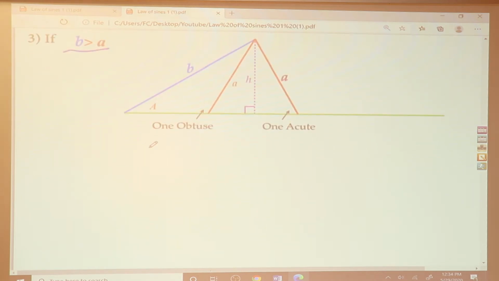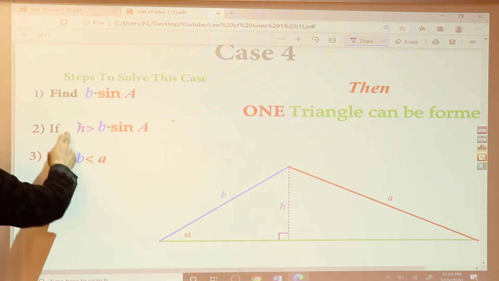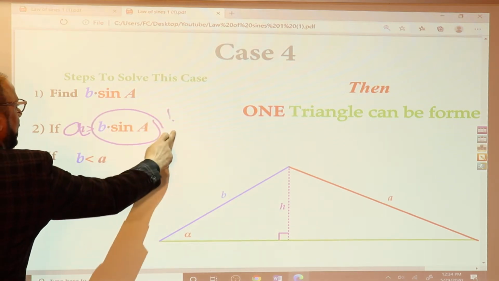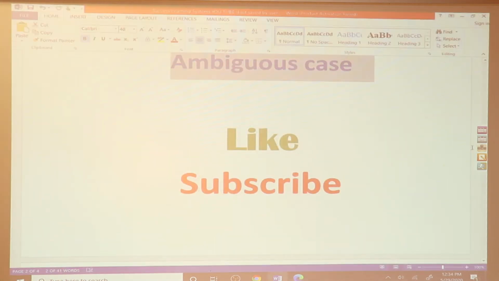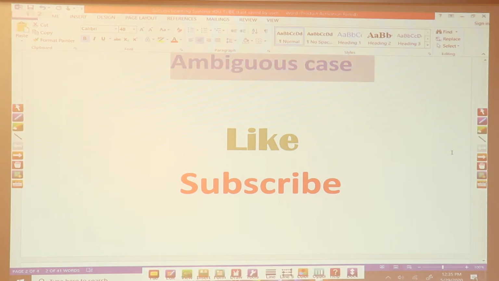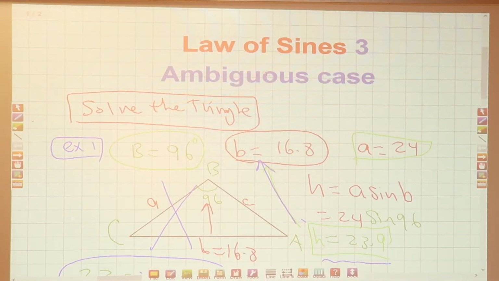Let me go back to my board. But if b is less than a and a is greater, then what? But still here a, and we said this is the height. Let me go back to my board and see this example. This is the law of sines, what we did yesterday, example one.